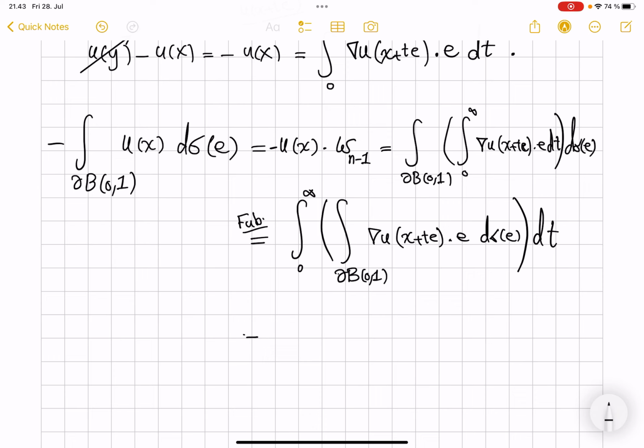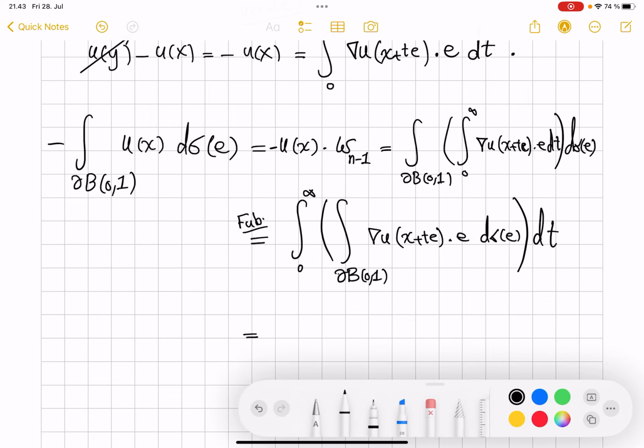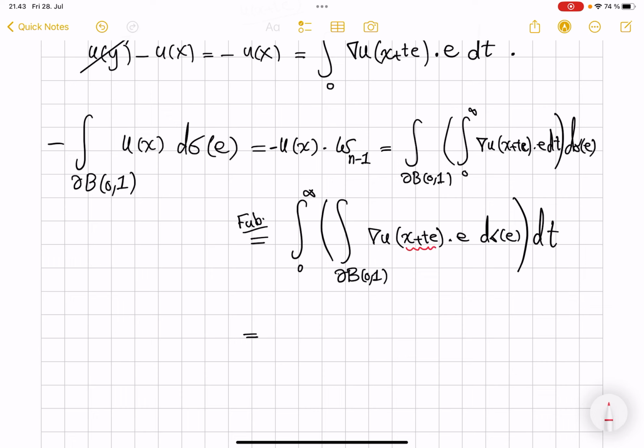But then what you can do is, in the inside integral, these are vectors which are t distance away from x. So x is here, and te, as E changes, these are at distance t. So the interior integral happens over these values which belong here.